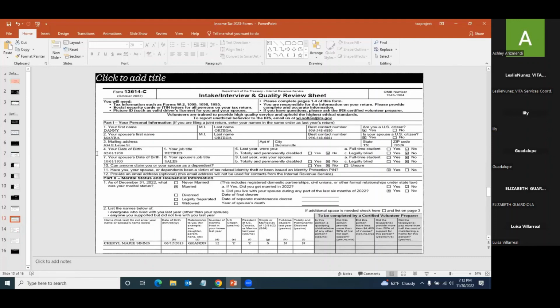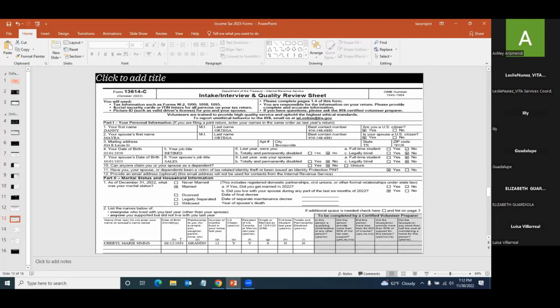Okay. Also, another thing I would like to mention is that sometimes on this form, the clients, like the Mexican clients who fill out the form, usually put the date of birth backwards. So you want to make sure you look at it correctly, because sometimes they'll put the day and then the month and the year instead of the month, day, and year.